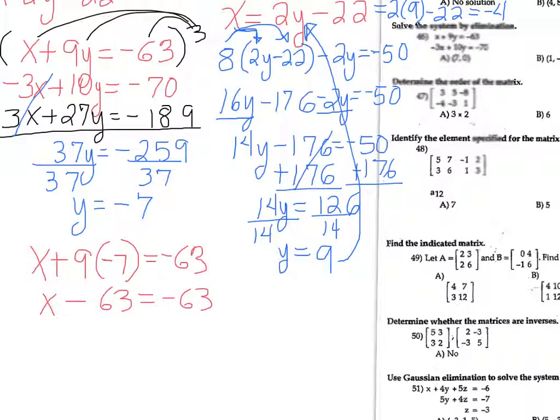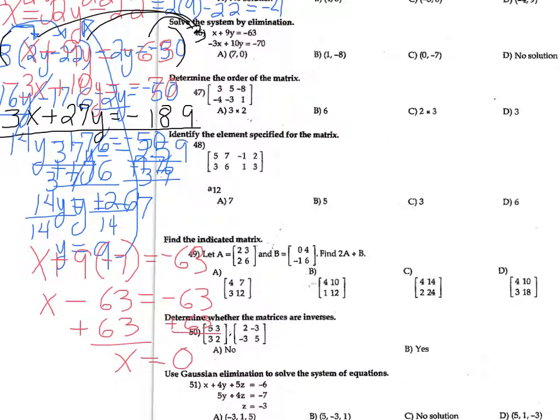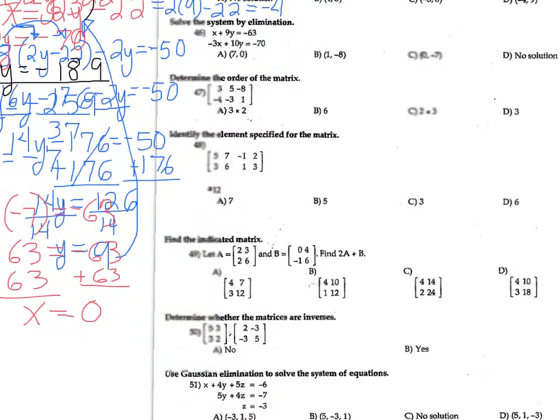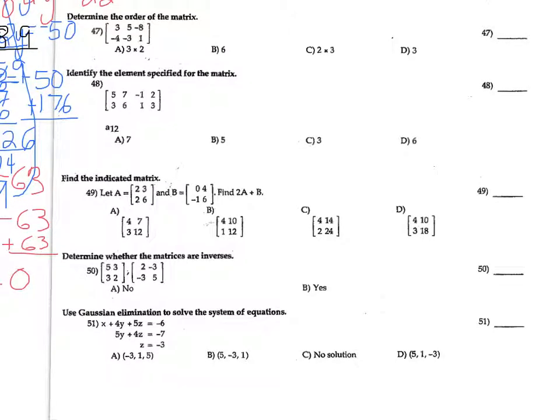And to solve for x, add 63 to both sides. So therefore, x equals what? 0. So the solution to this problem should be letter C. That is right. Yes, it's here. C. Awesome. We did it. Like Dora, right? We did it. Yay!